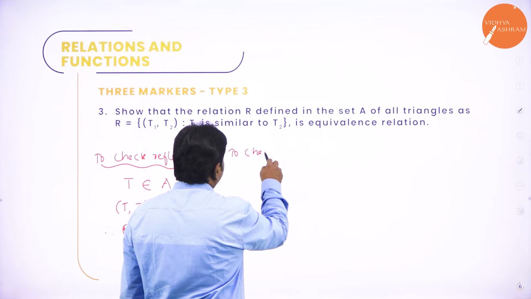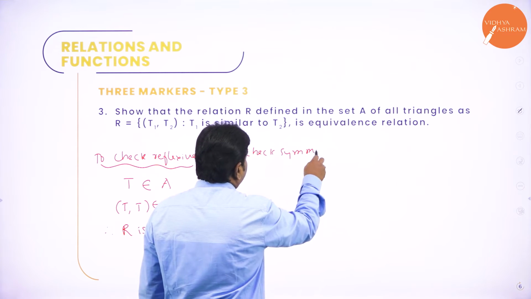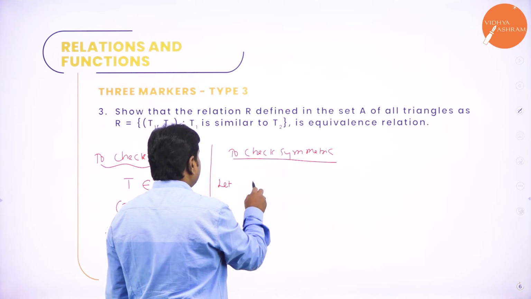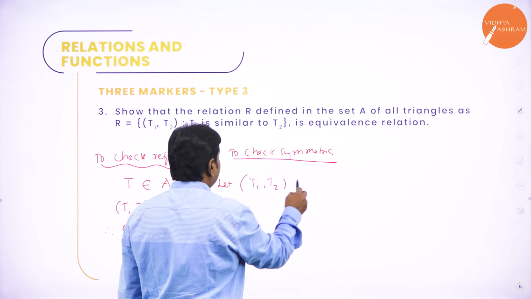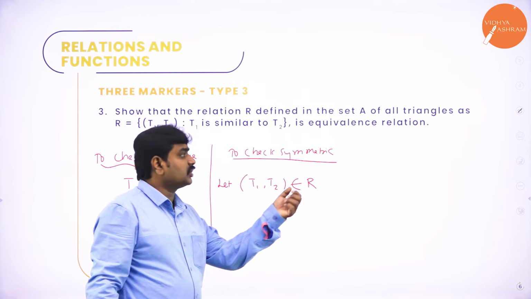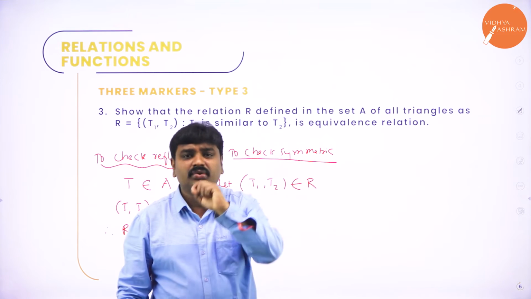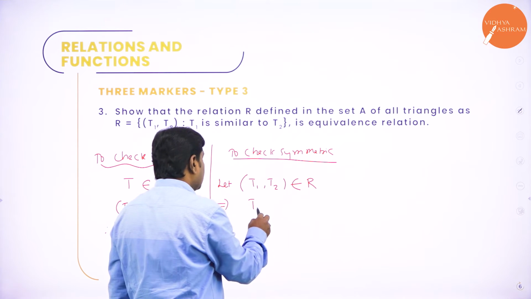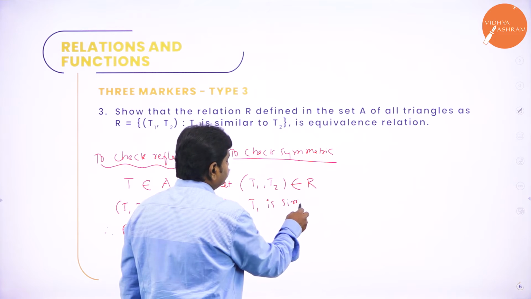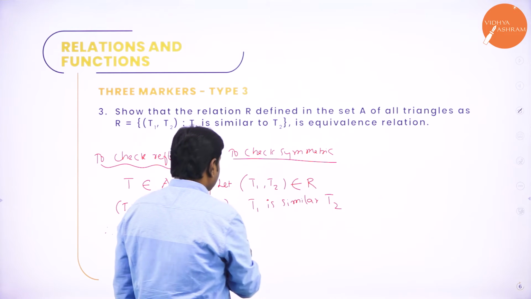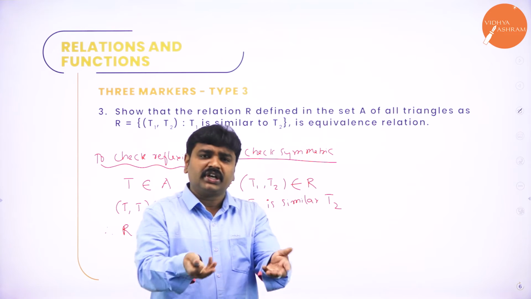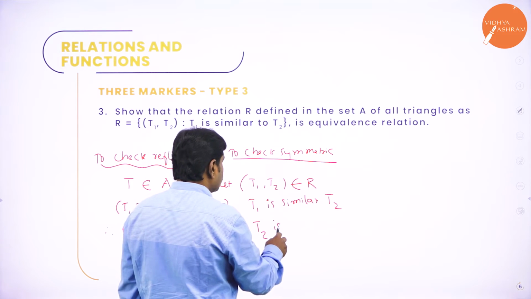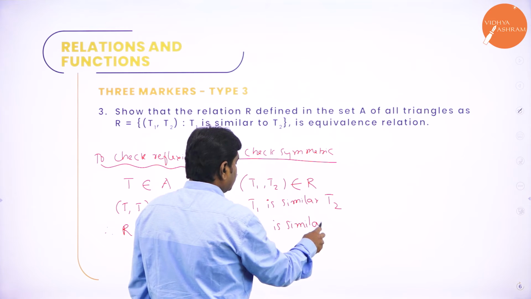Then after reflexive, we need to try symmetric. To check symmetric, if A is related to B, then B should be related to A. So I will consider, let T1 comma T2 belongs to R. T1 comma T2 belongs to R means T1 is similar to T2. If T1 is similar to T2, then T2 is also similar to T1.